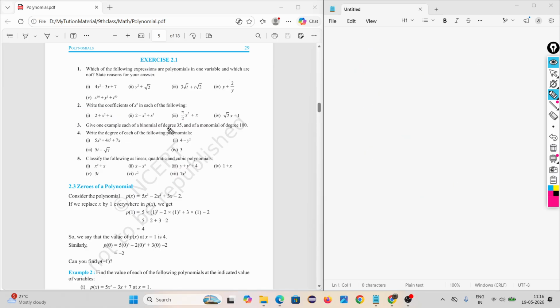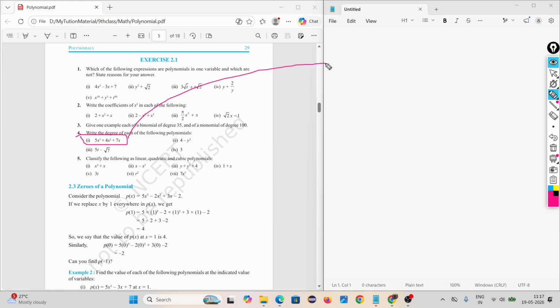Give an example of a binomial of degree 35. Binomial means two terms. This is an example of a binomial. Monomial of degree 100. Then write the degree of each of the following. Here degree means highest power.